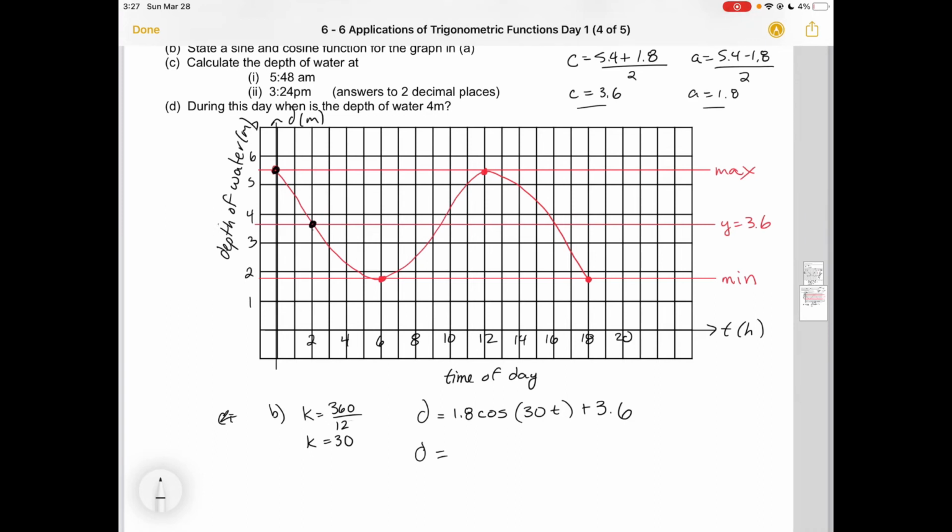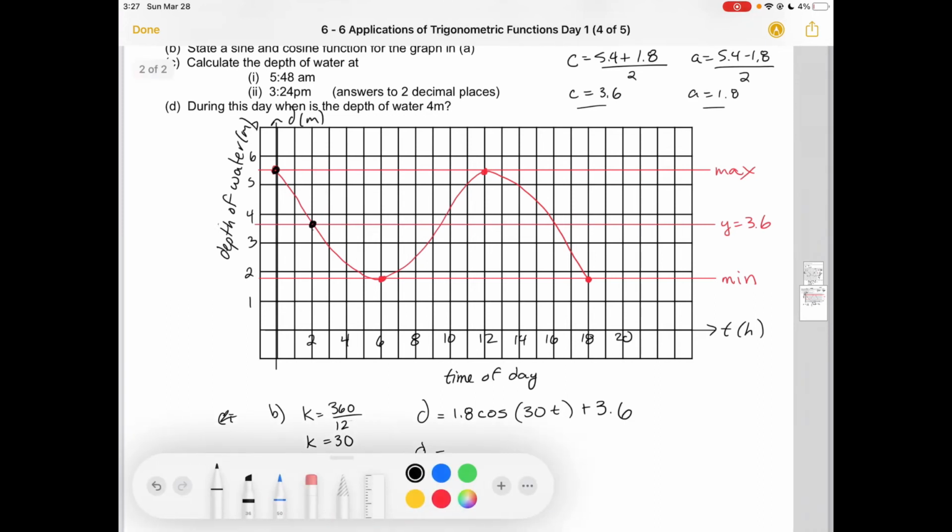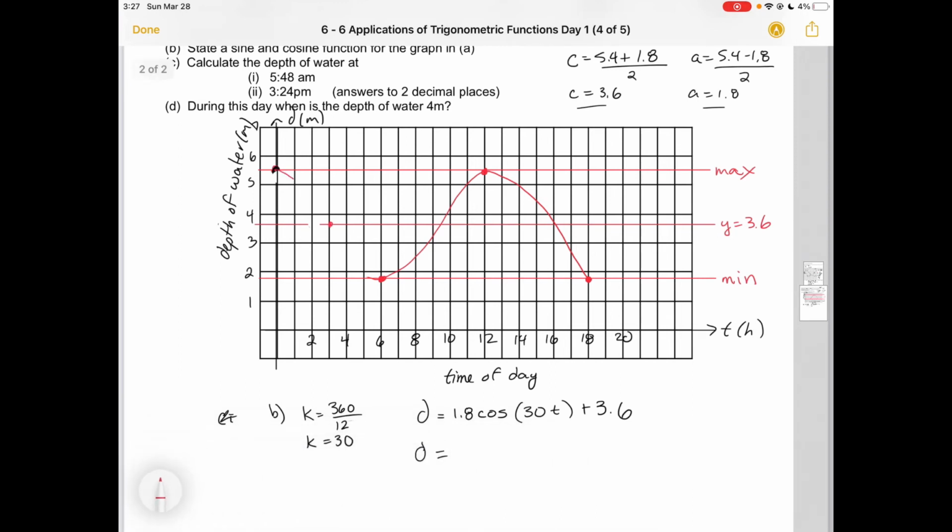This would be more accurate, going through like this, because I'm dividing everything. So I'd be going through about here at 3, and then I'd be going up through here at about 9. That would be a little bit more accurate.